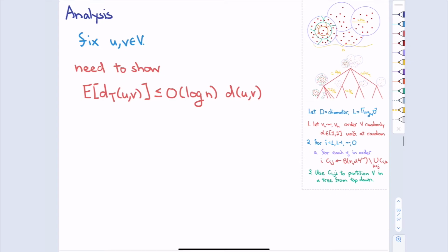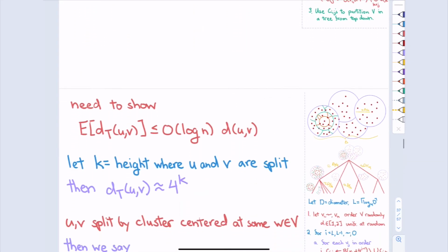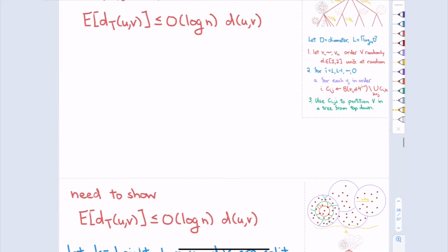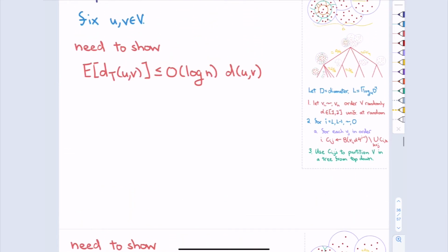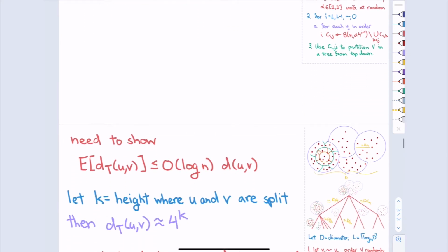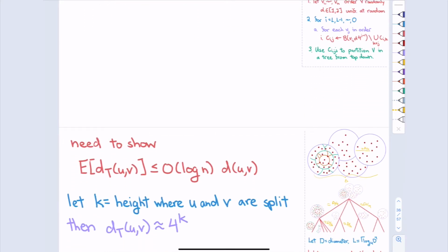All right, so let's set this up. I thought I erased this. Did I erase this? No? Okay, fine. So let me introduce some notation. At some level, the height at which the two vertices are split up by some scoops tells you where they finally branch off into subtrees.